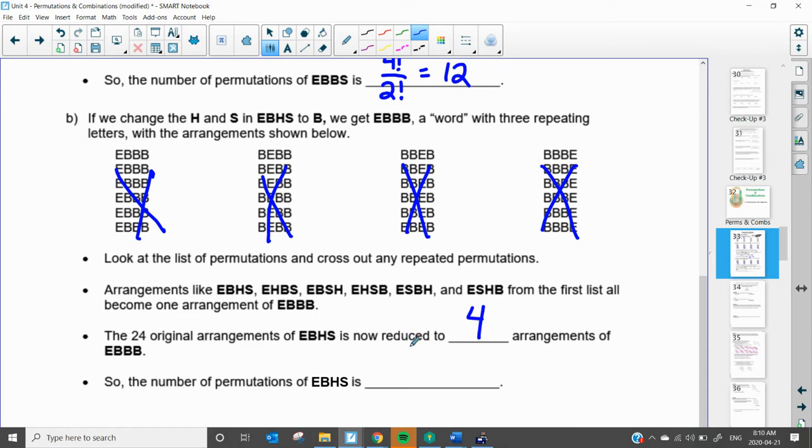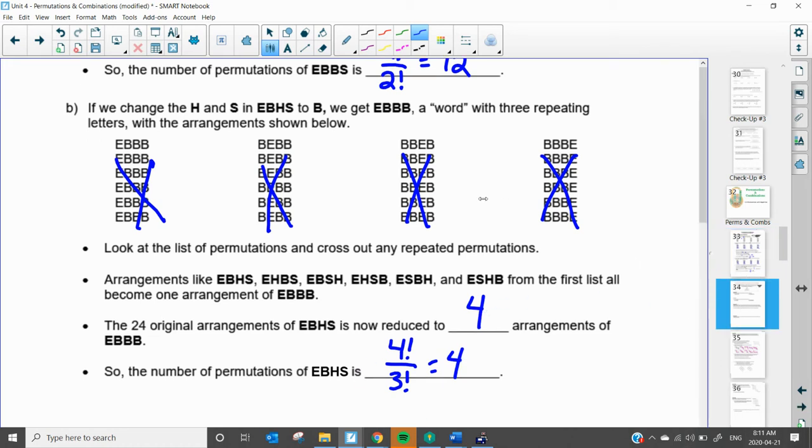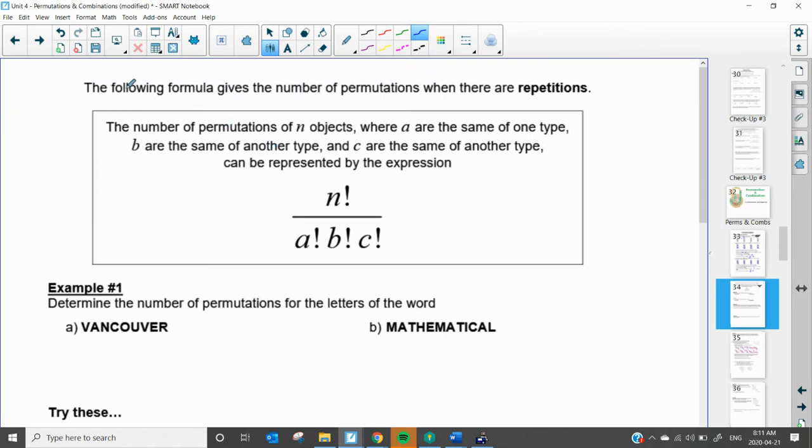If we think back to what we did in the last question, we had 2 repeating letters, we divided by 2 factorial. Well, if we take those originals, so 4 factorial, we had 3 repeating letters, so we divide by 3 factorial, and we're going to get 4. So there's actually a formula that we can use, and that's here. The following formula gives the number of permutations when there are repetitions.